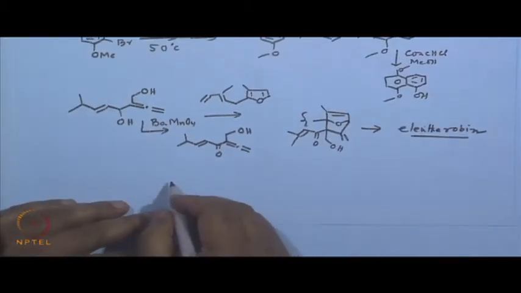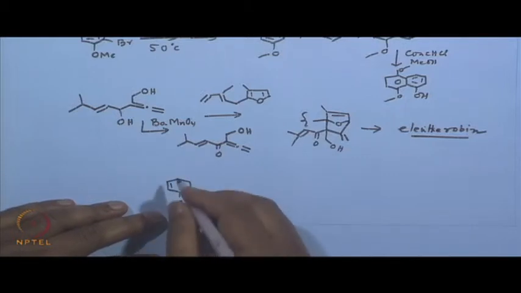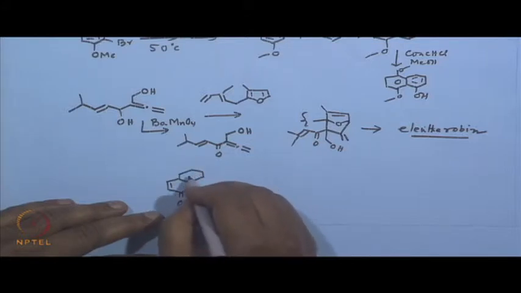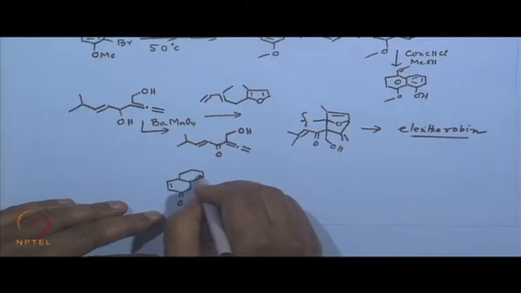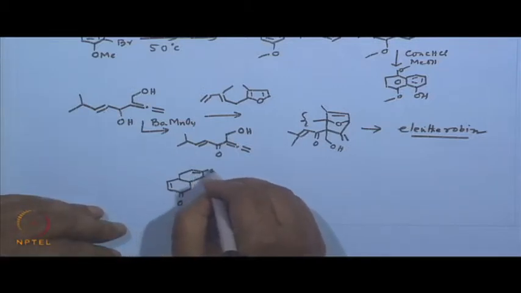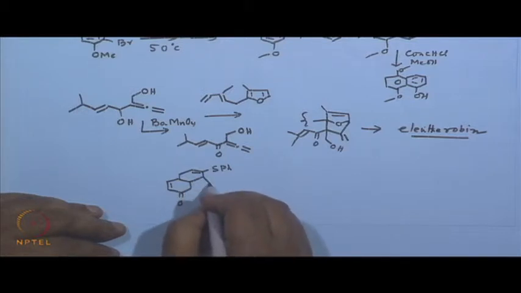Let us say you have a very unreactive dienophile. Probably many of you do not know this, cyclohexene is not a very good dienophile as far as the Diels-Alder is concerned. And so, I write here a little complex molecule, and this was made in connection with a total synthesis.